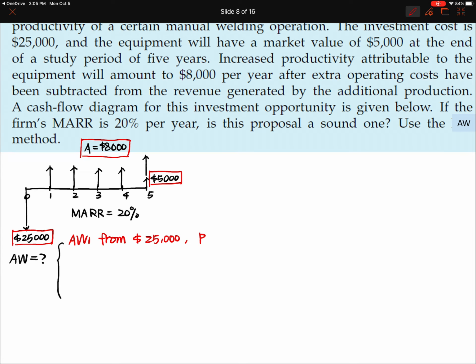So AW1 is from the 25,000, a present value, which you want to convert to annuities.